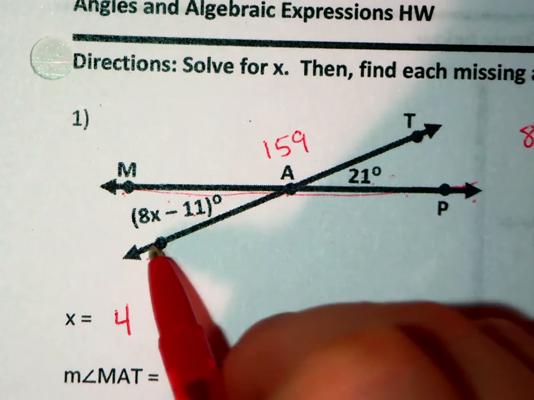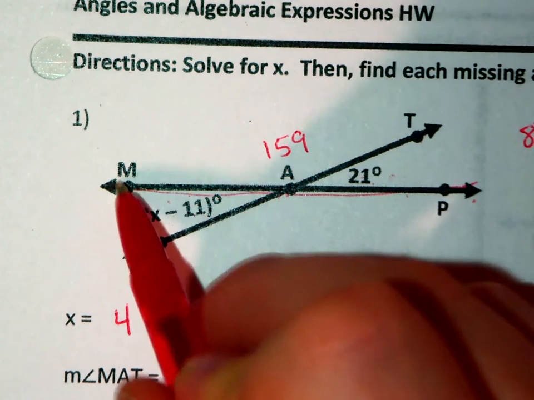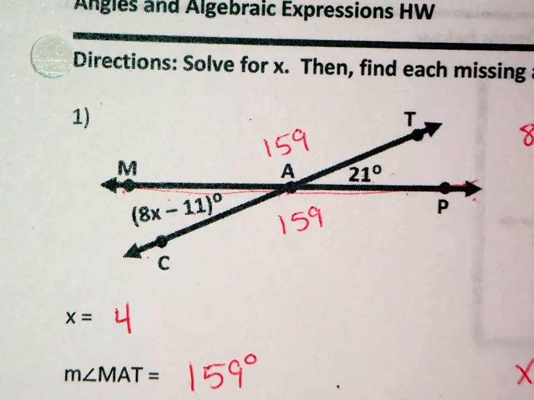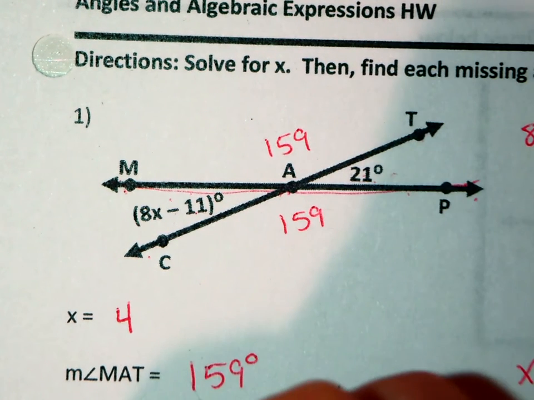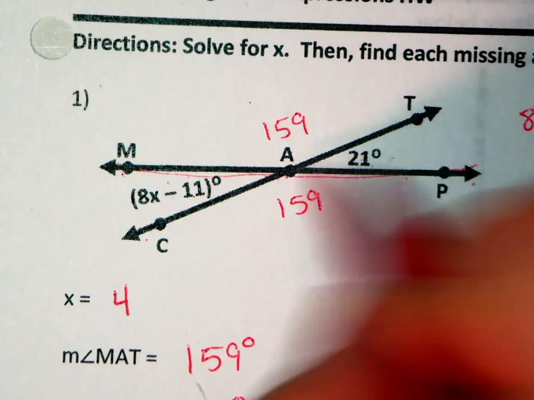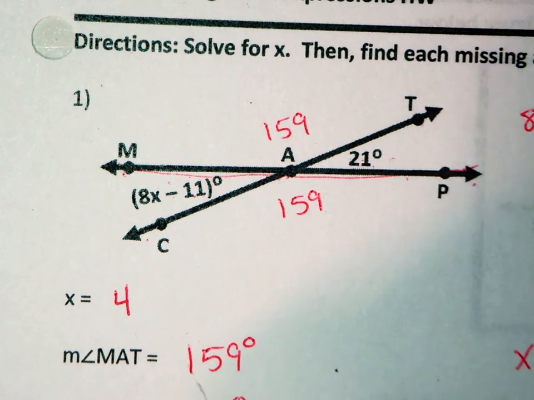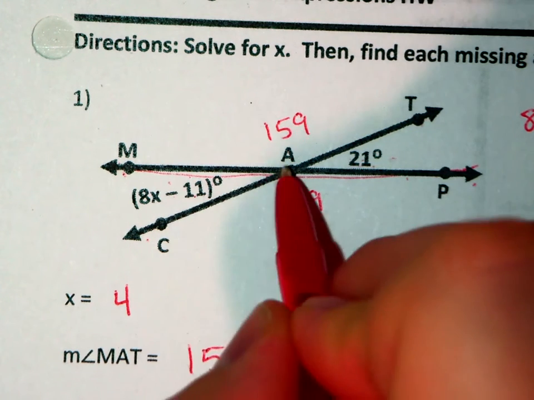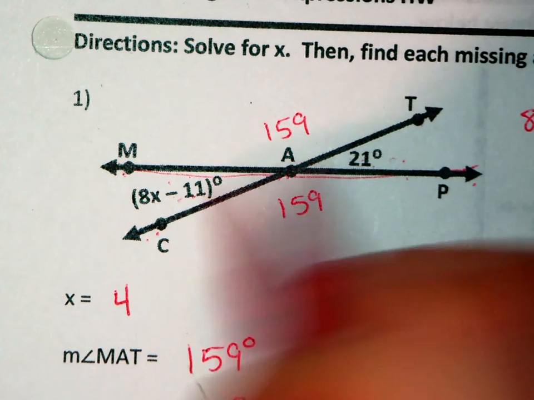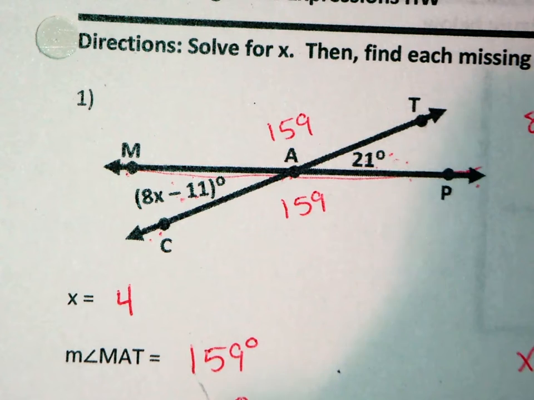We should be able to see very clearly that PAC is a vertical angle to TAM, or MAT, so it also has to be 159 degrees. TAP, we're already given, is 21 degrees. And MAC, well, we know MAC is a vertical angle to TAP, so it would also be 21 degrees.